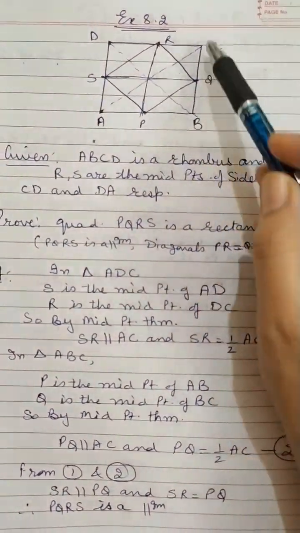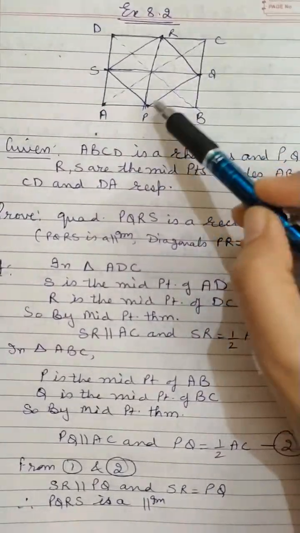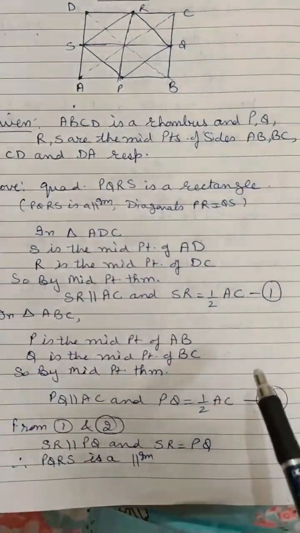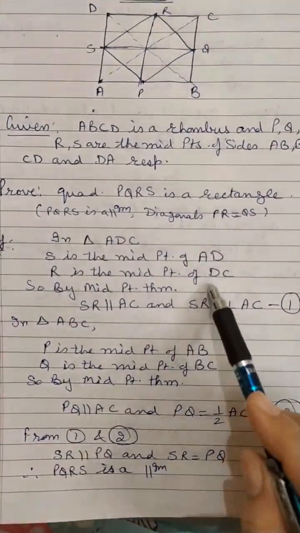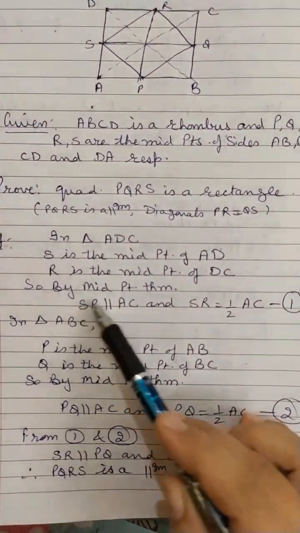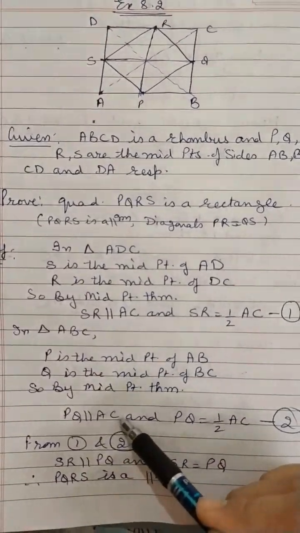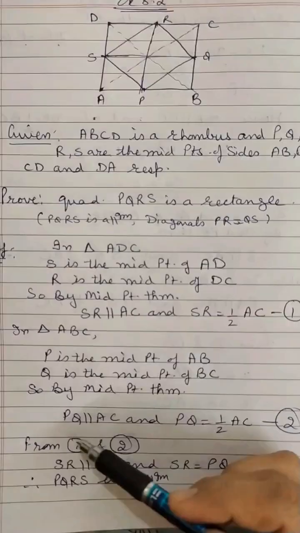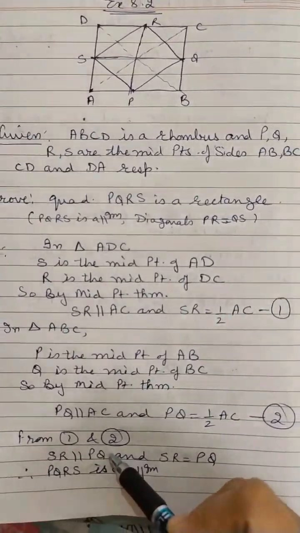Now in triangle ABC, PQ is parallel to AC and PQ is half of AC. This we will take as number 2. Now from 1 and 2 I can say, SR is parallel to AC and PQ is parallel to AC, and two lines parallel to the same line are parallel to each other, so SR is also parallel to PQ.